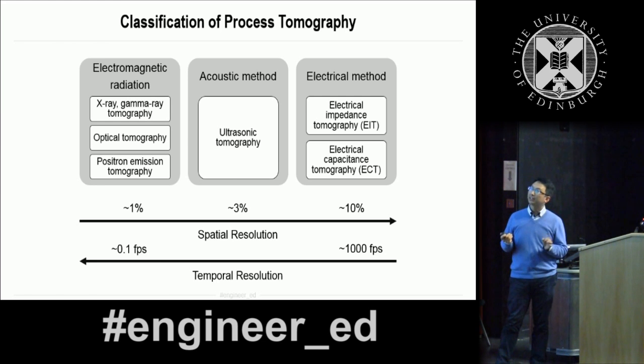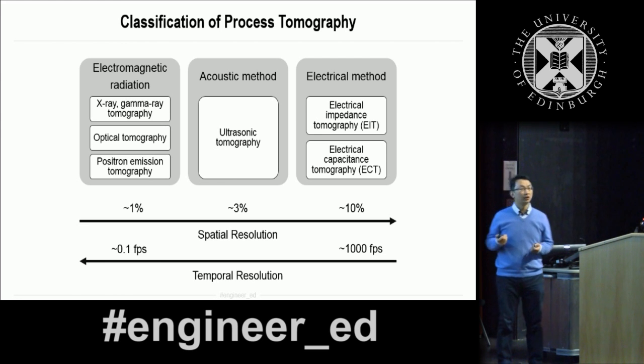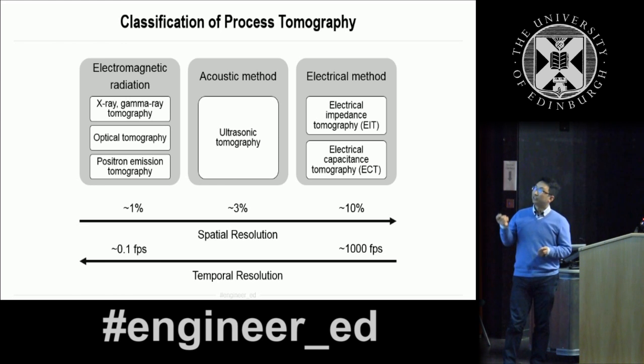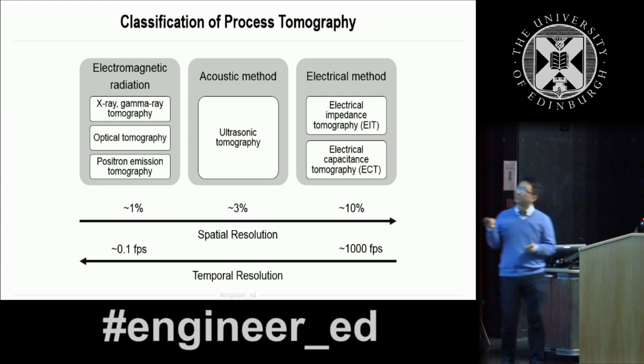In spatial scale, this group can provide really accurate resolution. Normally it's 1% of the diameter of your chest, or even lower. But for this group, the resolution is low. The image is not that sharp, not that clear.